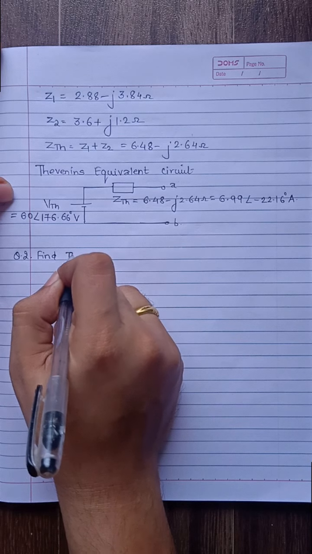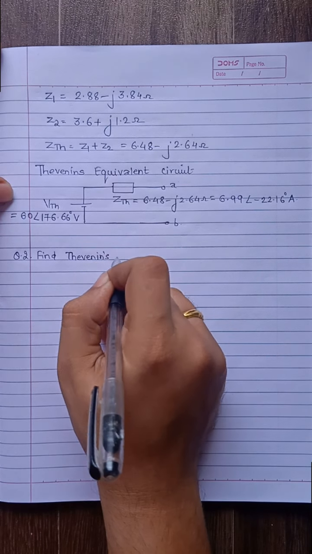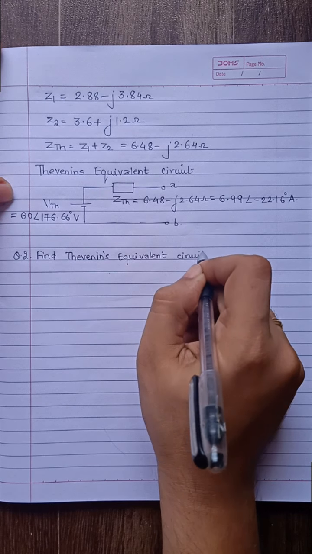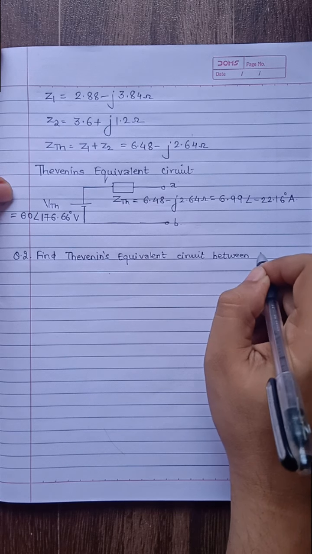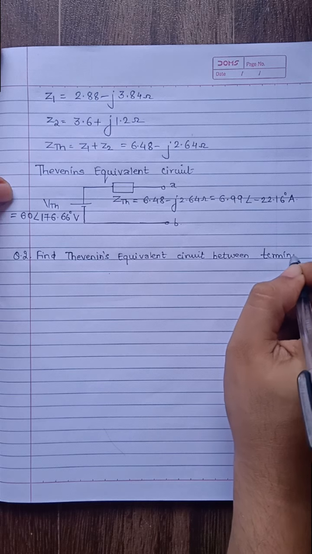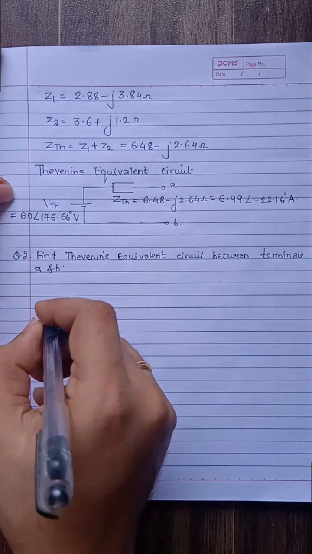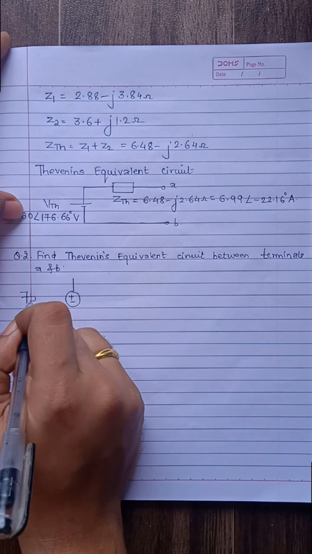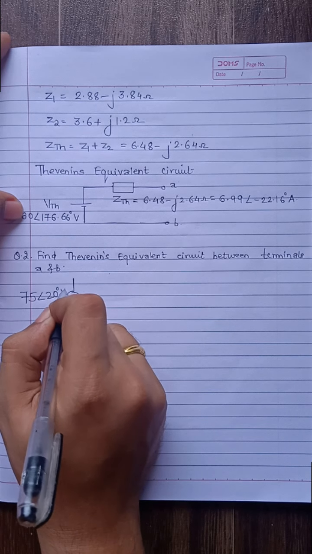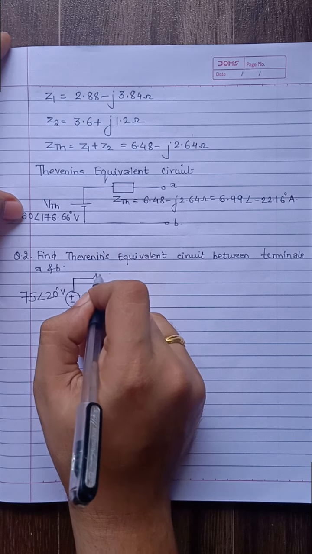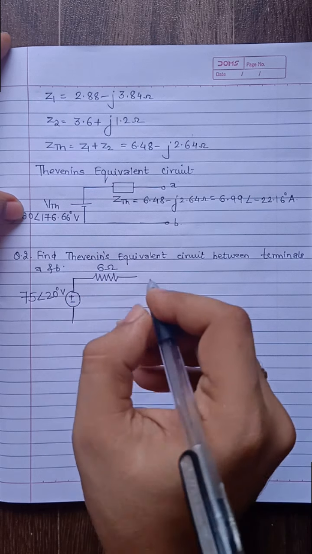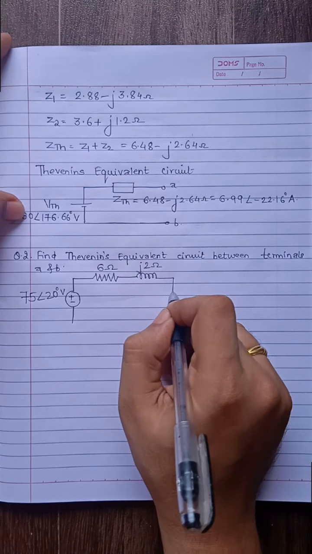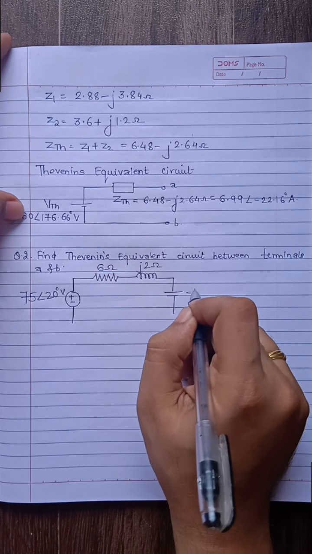Find Thevenin's equivalent circuit between terminals A and B. The diagram given is plus minus 75 angle 20, then 6 ohms, J2 ohms, minus J4 ohms.